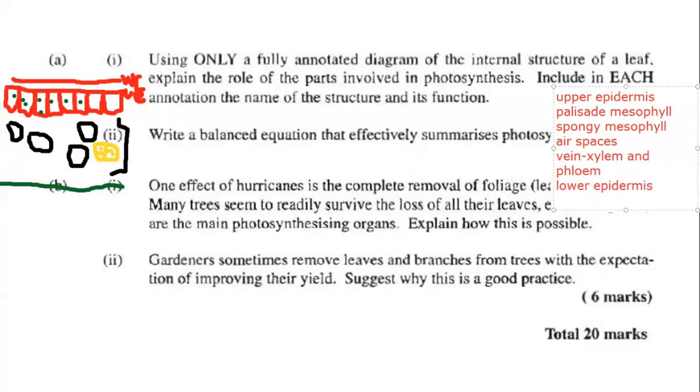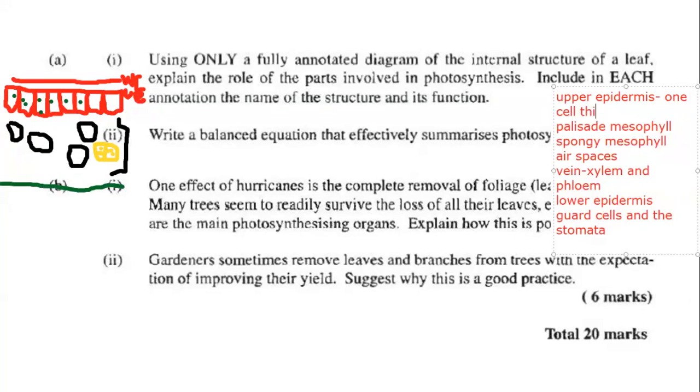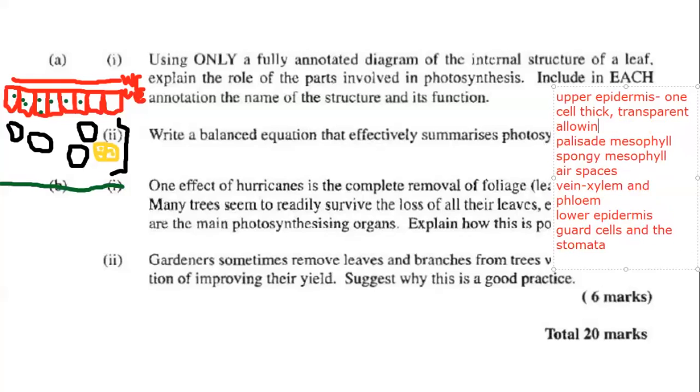So we have the lower epidermis, which consists of our guard cells and the stomata. We know the upper epidermis is one cell thick and transparent, allowing light to pass through it.